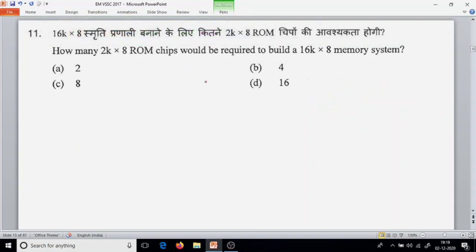Question number 11. How many 2K into 8 ROM chips would be required to build a 16K into 8 memory system? Whenever you get a question like this, just write n equal to required divided by available.